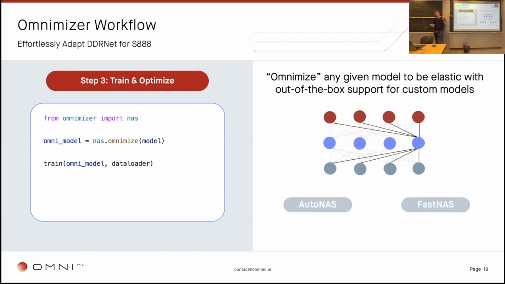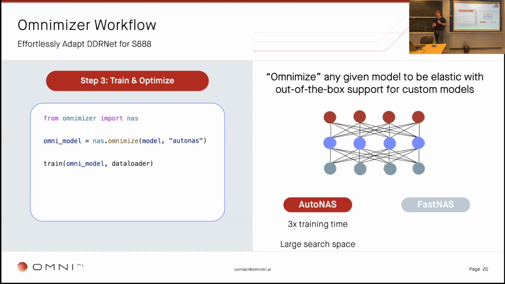And specifically, we have developed 2 flavors of NAS that automatically work with your training loop. One is a more expensive version of NAS where you have to increase your training time, but you have the benefit of exploring a larger search space, right? So you can get a better output at the end at the cost of increased training.